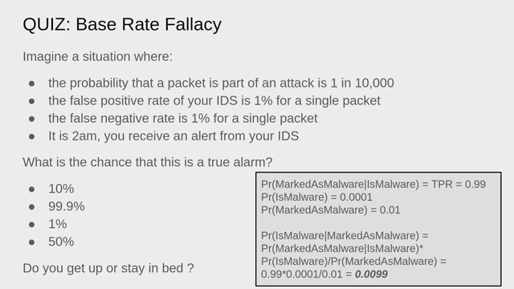Because you have so much more benign traffic going through. Even a very small false positive rate is going to cause massive amounts of false alerts compared to the few real alerts that you are seeing. And that's a key issue when we're looking at networking, intrusion detection systems, and so on.